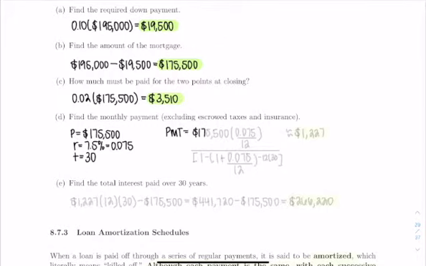We have 175,500 times 0.075 over 12. And then in the denominator, we have 1 minus 1 plus 0.075 over 12, raised to the negative 12 times 30.